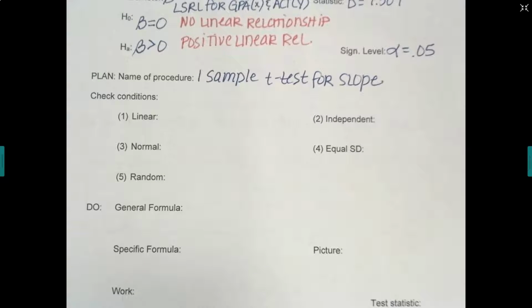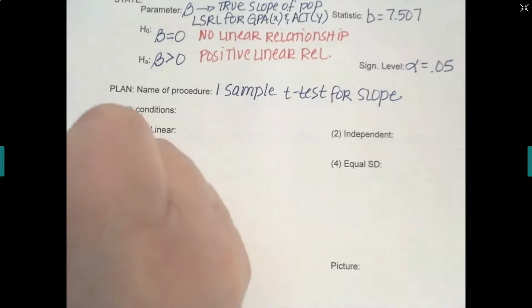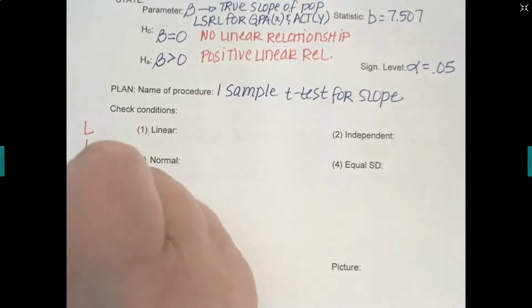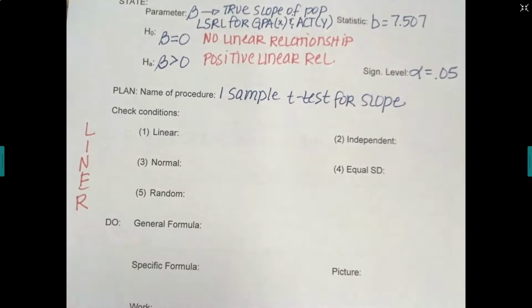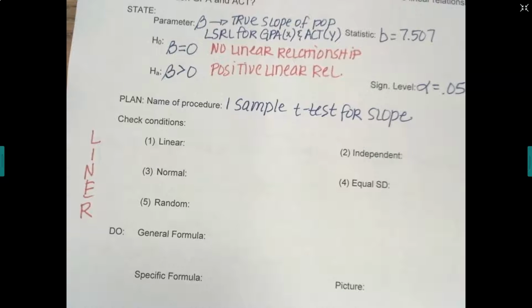Okay, we're going to check our conditions. Remember, regression inference has 5 conditions that have to be checked, and you can use the mnemonic LINER from the previous lesson to help you remember everything. We are lucky because we were given all the graphs that we need. We don't have to generate them ourselves. The linear portion wants you to take a look at the scatter plot and the residual plot.